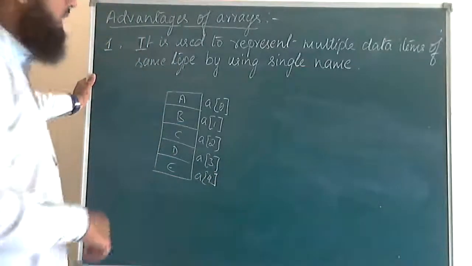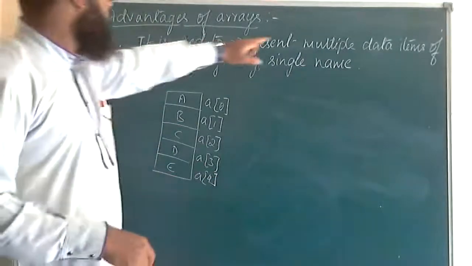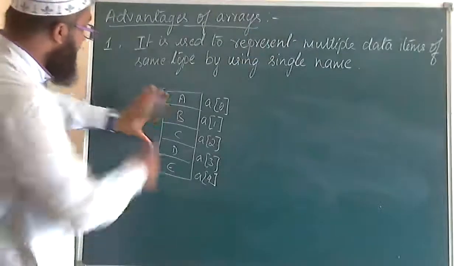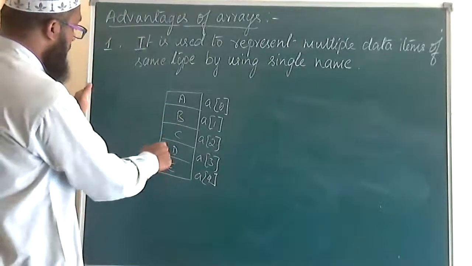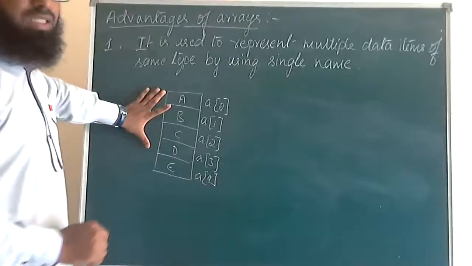Here, what it says, used to represent multiple data items. Look here, there are 1, 2, 3, 4, 5. 5 data items are here.